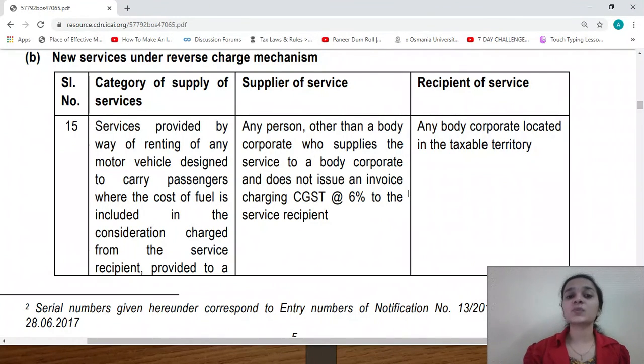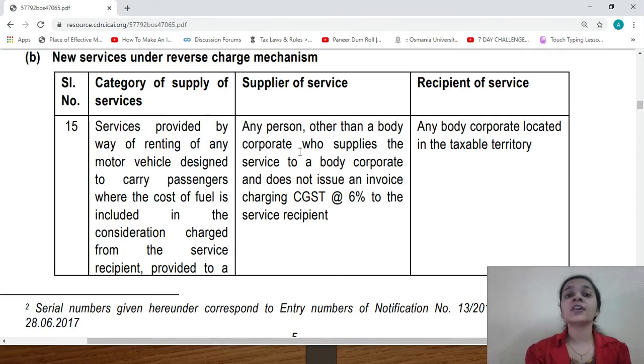Here it says supplier of service: any person other than a body corporate. Okay, so up to here it is the same as it was previously. So it is a person other than a body corporate, which means that if a body corporate is providing services to another body corporate, then this particular reverse charge thing will not apply in that situation.